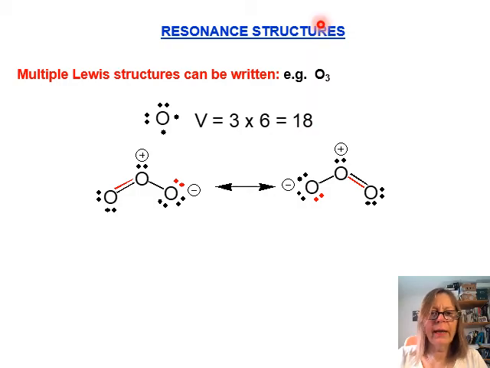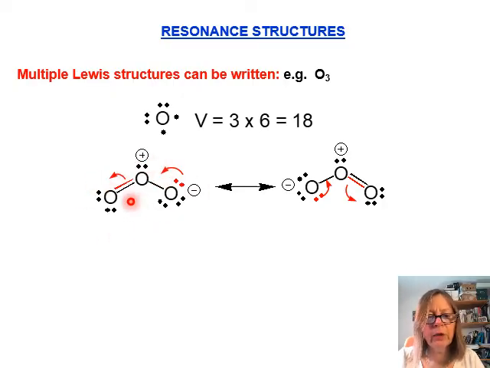We will show that electrons can move between these 2 oxygens by using curved arrows. Remember that the central oxygen cannot have more than an octet. So if we push electrons towards the central oxygen, we have to pull electrons away from it.